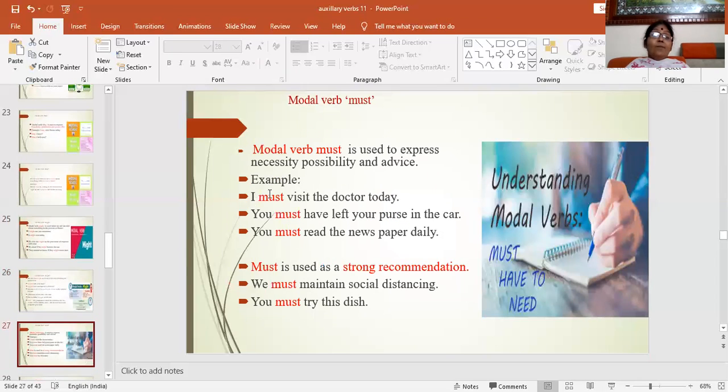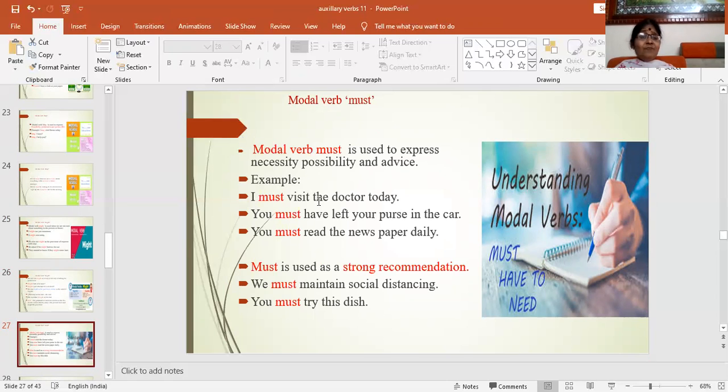Next, modal verb must. When and where should we use our modal verb must? Modal verb must is used to express necessity, possibility, and advice. For example, I must visit the doctor. This is my necessity, right?